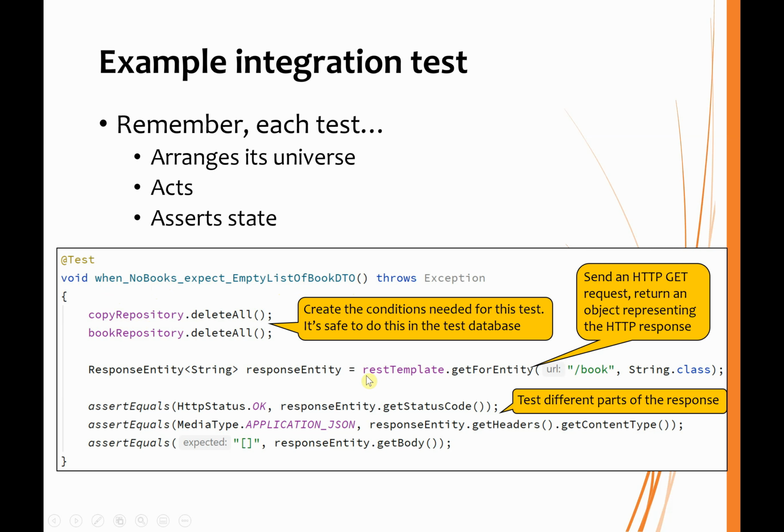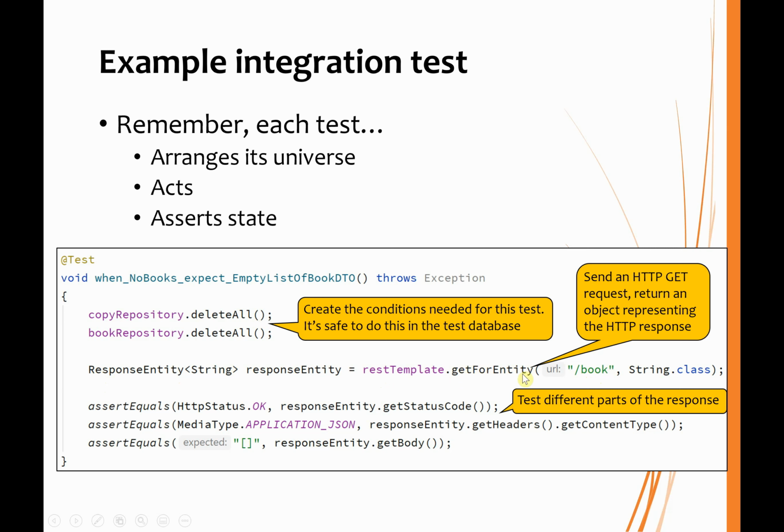And then we make use of REST template. Now, if you go and look at the full application, you will see that REST template is set up as part of the test class outside of the method. REST template has a method called getForEntity. In other words, it's going to perform a GET request using that URL, expecting that response type, and it's going to give us the entity that represents the response. In fact, there's a response entity class that we can make use of here.